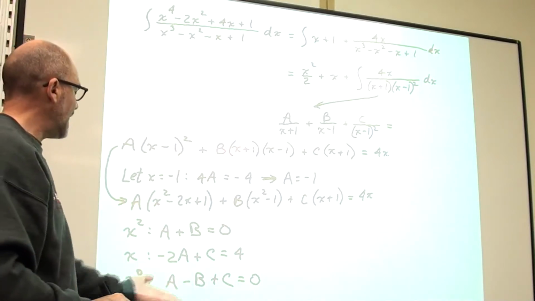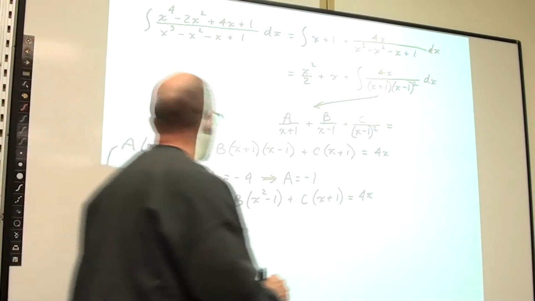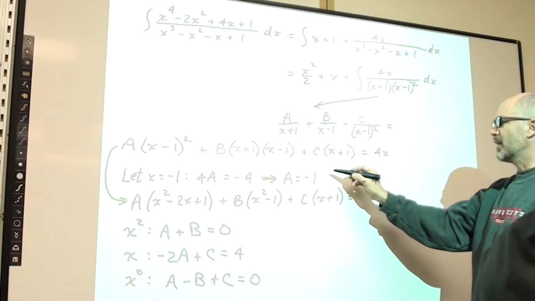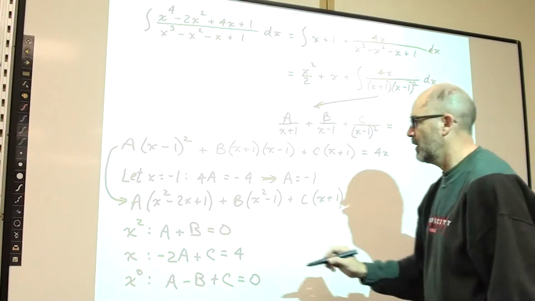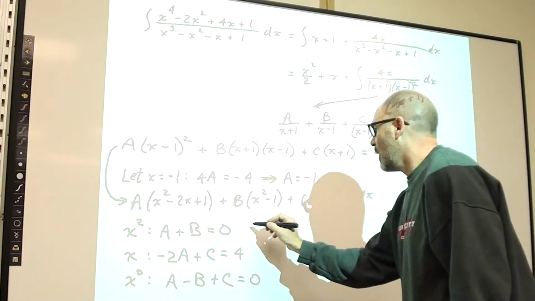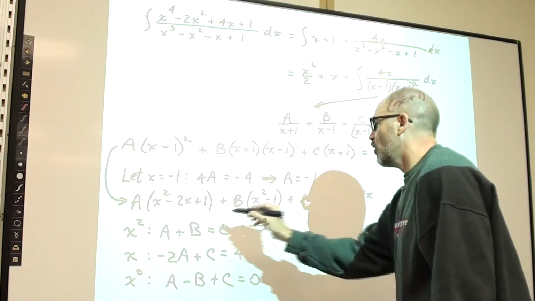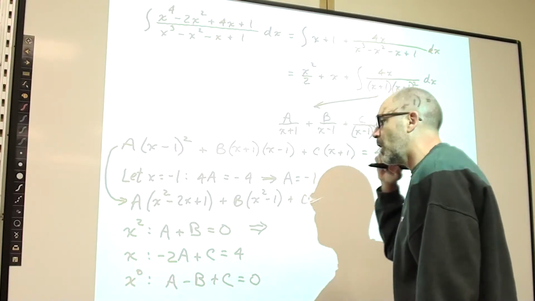Alright, so basically I have 3 equations with 3 variables. Now, fortunately, I just found out that A is negative 1. So, since I know A is negative 1, then I know B has to be positive 1.